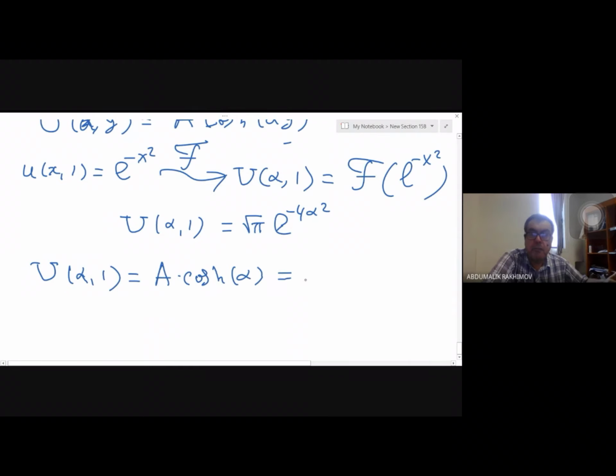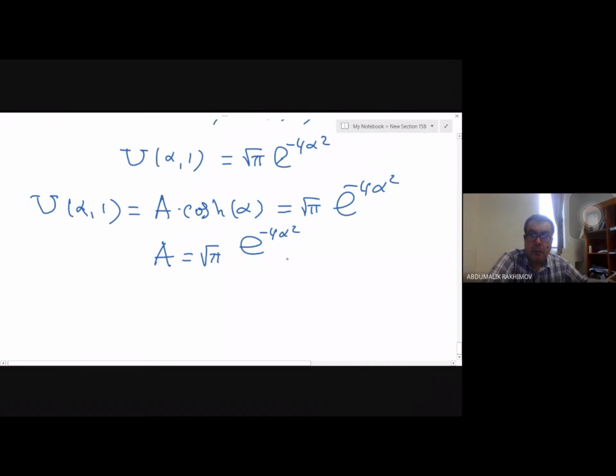So this should be equal to root of pi exponential minus 4 alpha squared. Then A is equal to root of pi exponential minus 4 alpha squared over cosine hyperbolic alpha.